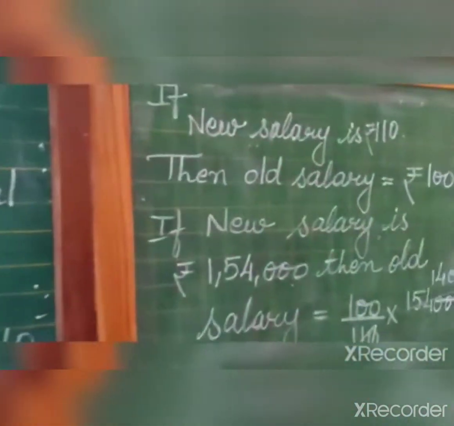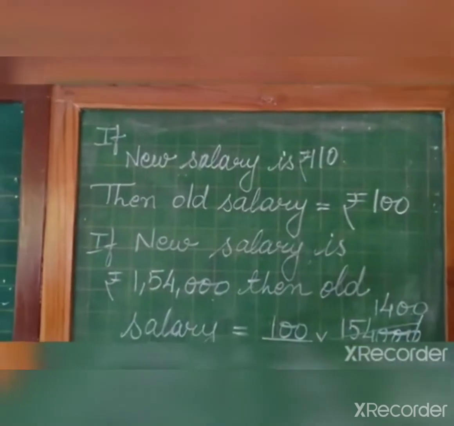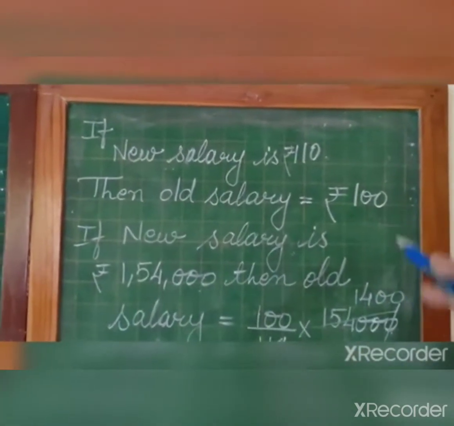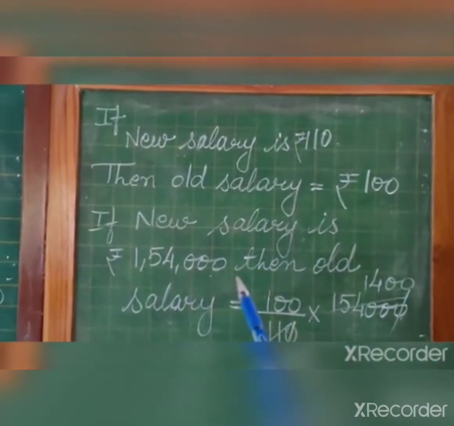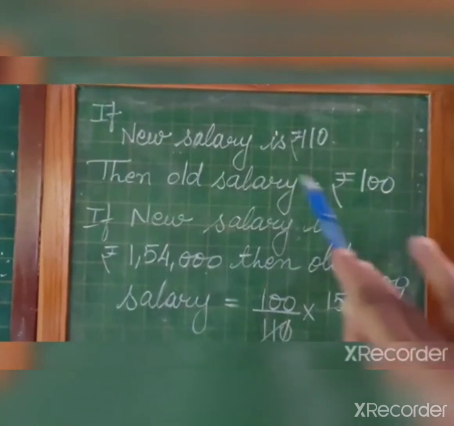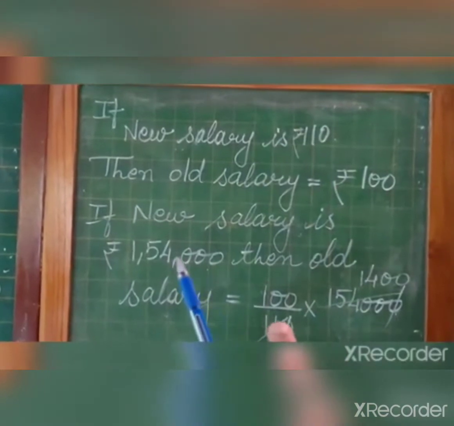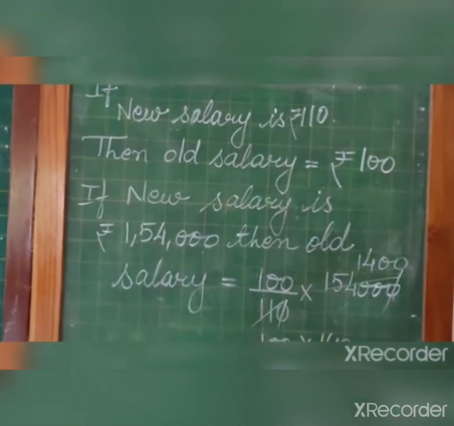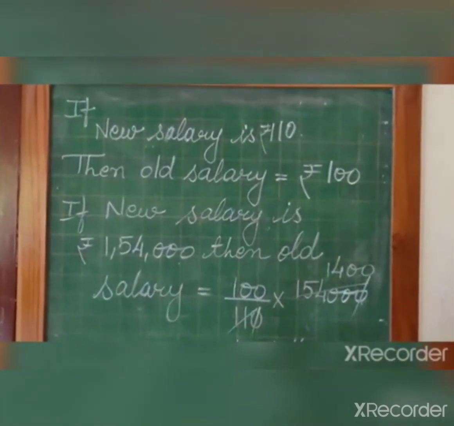Now if the new salary is rupees 110, then the original salary is rupees 100. If the new salary is rupees 1,54,000, then the original salary will be 100 in the numerator and 110 in the denominator, into 1,54,000.